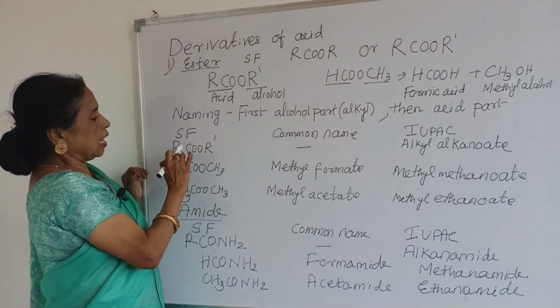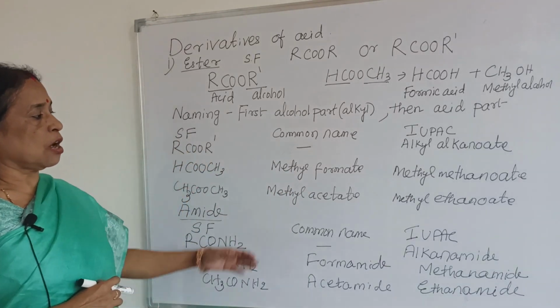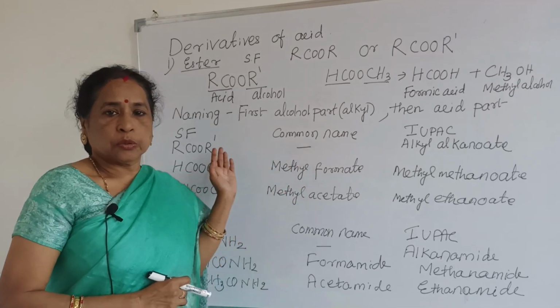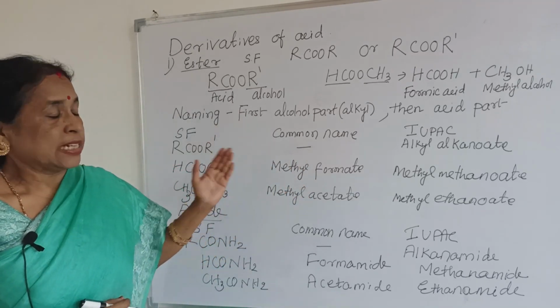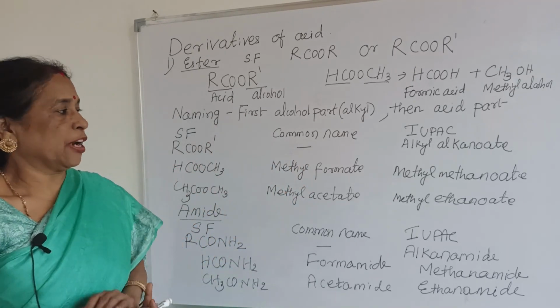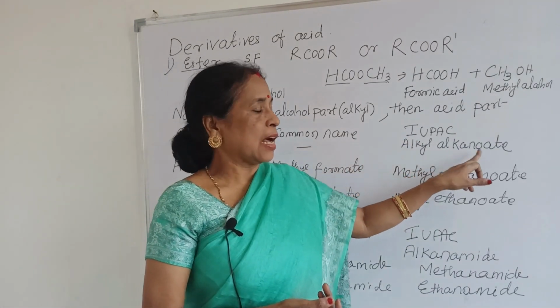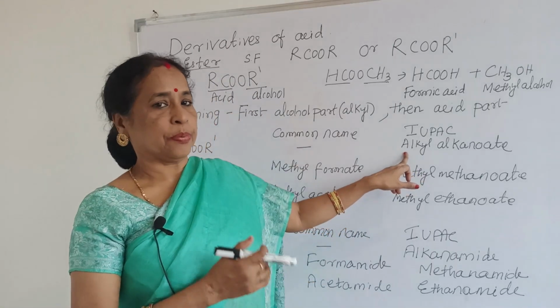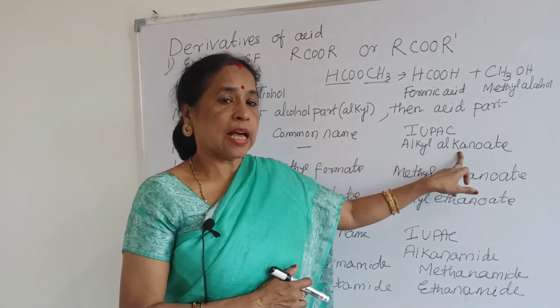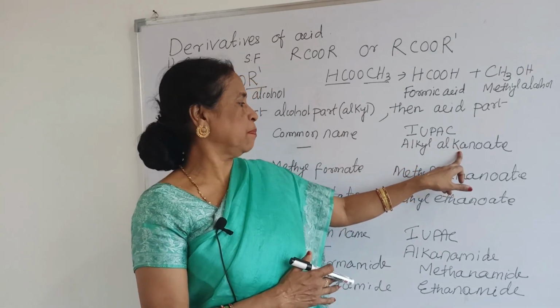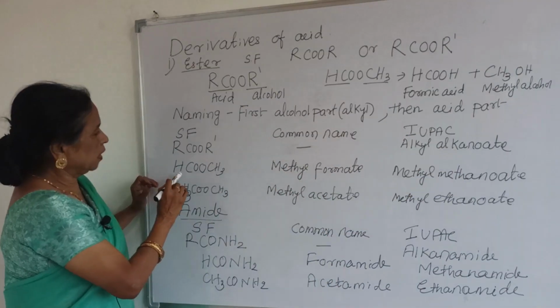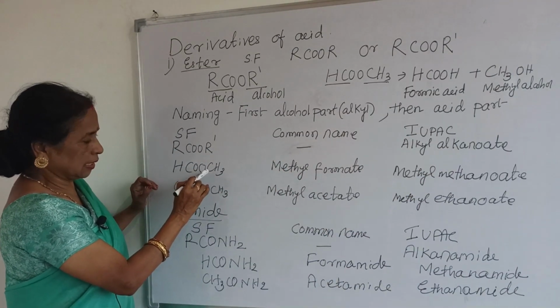The structural formula is RCOOR dash, the common name is referred to the common name of the acid, and the IUPAC name is alkyl alkanoate. This alkyl is from the alcohol part, this alkanoate from the acid part. Example, HCOOCH3.